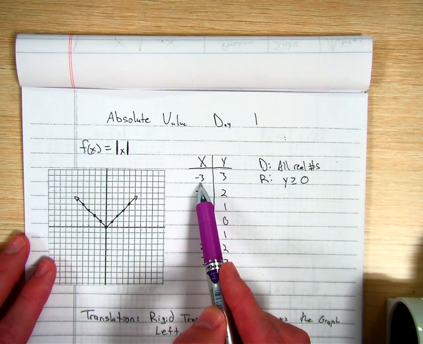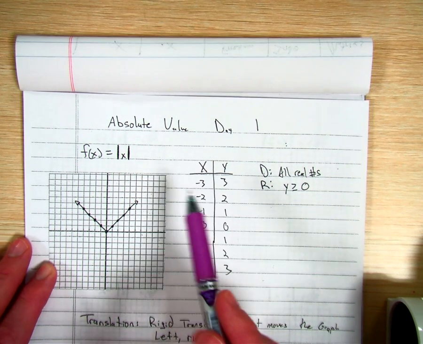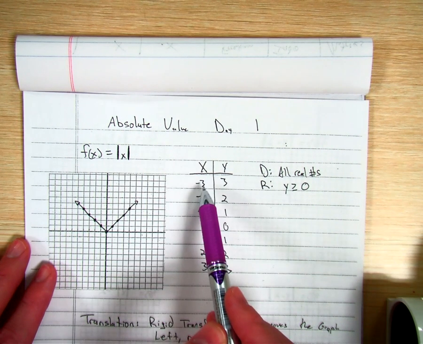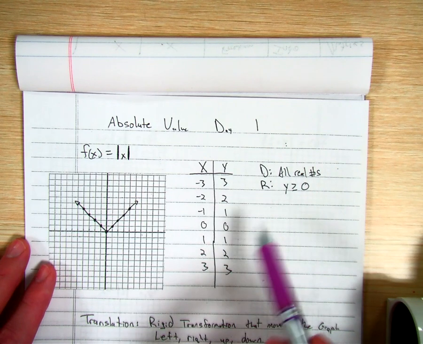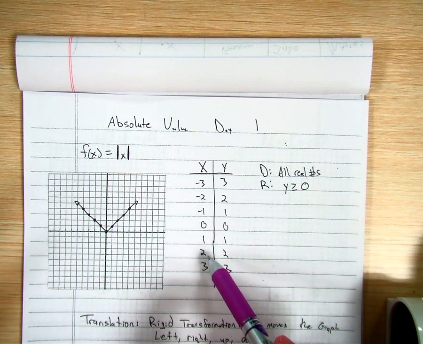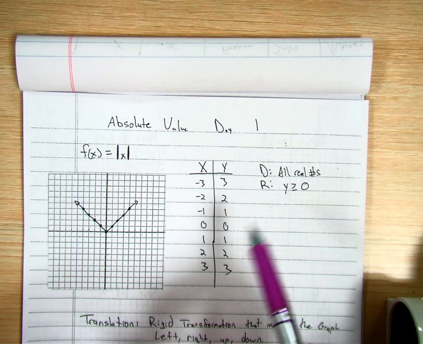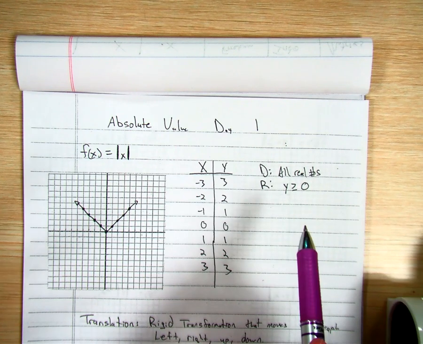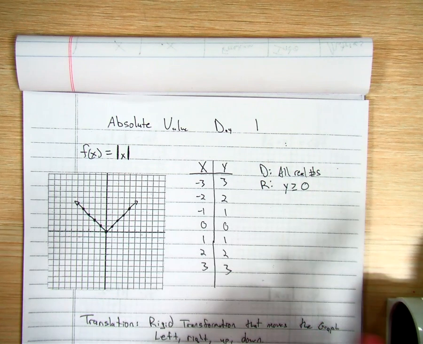So negative 3 goes in and comes out as positive 3, because negative 3 is 3 units away from 0 on the number line. Positive 2 would go in and still come out positive 2, because 2 is 2 units away from 0 on a number line. So it's like you're talking about distance, and we usually don't refer to distances as being negative. You don't say that Springville is negative 10 miles away. Okay?